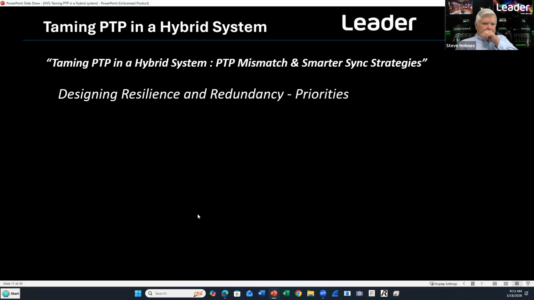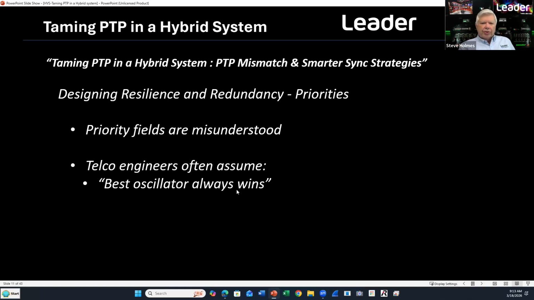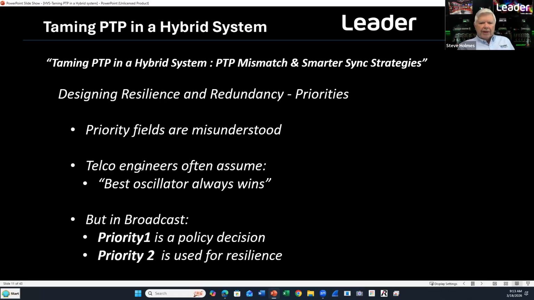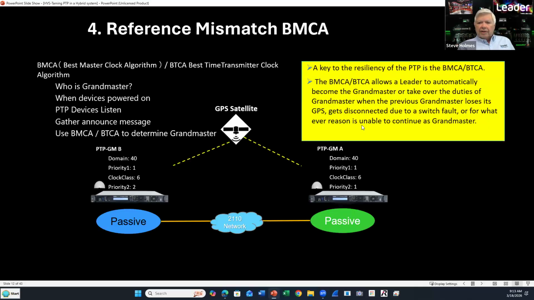So in looking at this, the priority fields in PTP are quite often misunderstood, and how PTP uses the priorities to ensure that the best oscillator always wins, or the best grandmaster always wins.